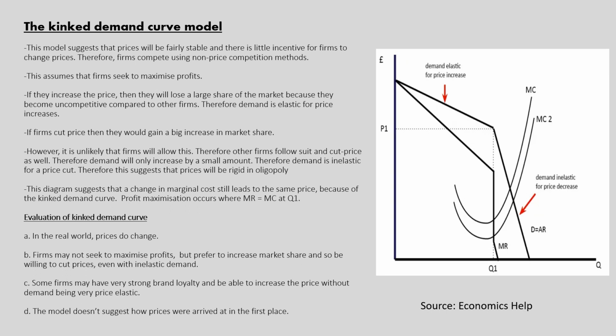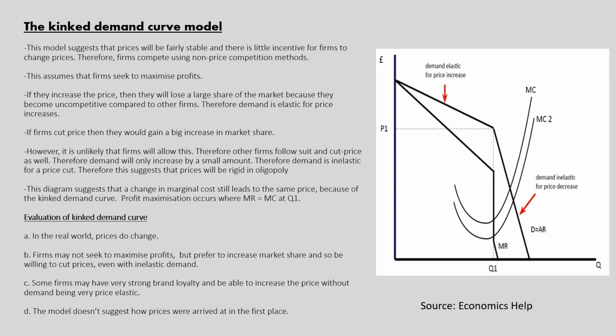So what are the criticisms, or how do we evaluate the kinked demand curve? In the real world, even though things seem homogeneous, they're not that homogeneous. So for example, in the smartphone market, I know some Chinese phones that have even better functionality than an Apple phone, but still Apple is able to charge a premium because they're using non-price competition.